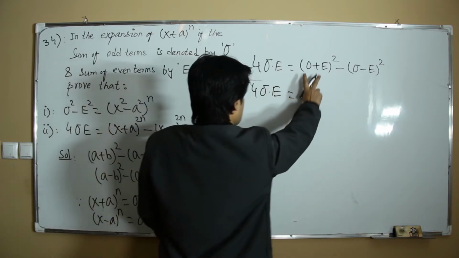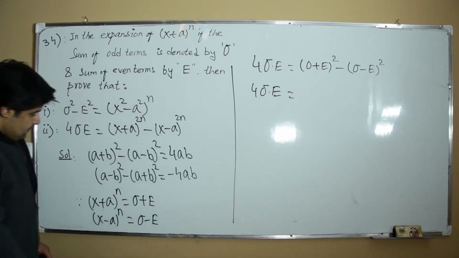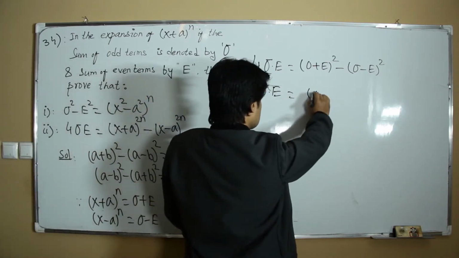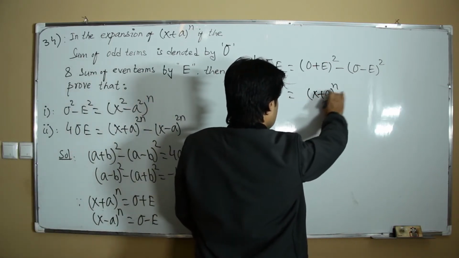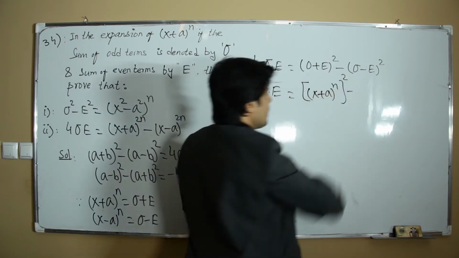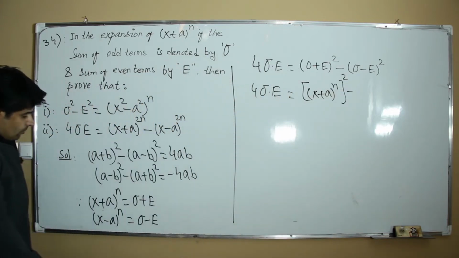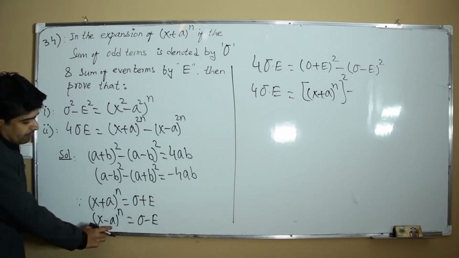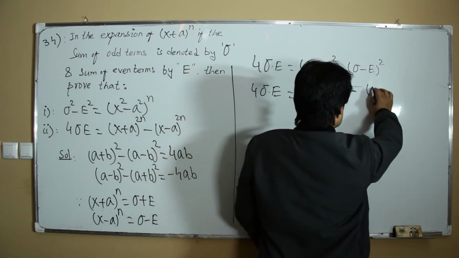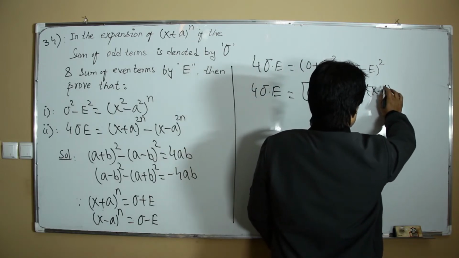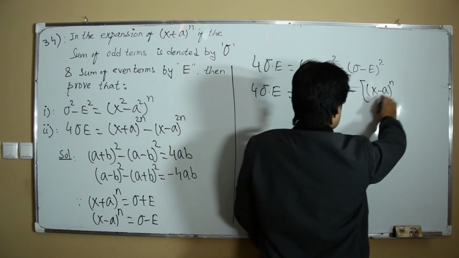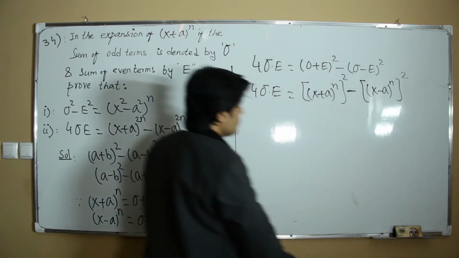Now 4OE is equal to, instead of o plus e, we have (x + a) raised to the power n, whole raised to the power 2, minus, instead of o minus e, we have (x − a) raised to the power n, whole raised to the power 2.